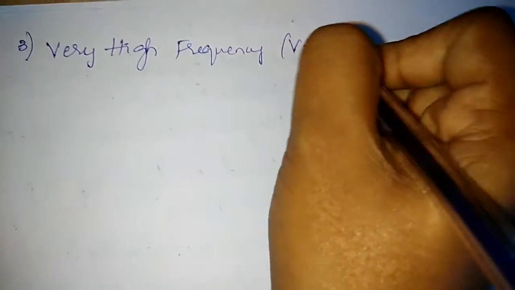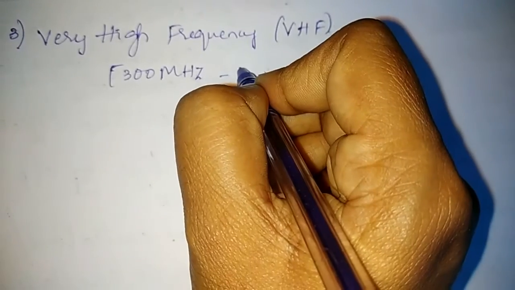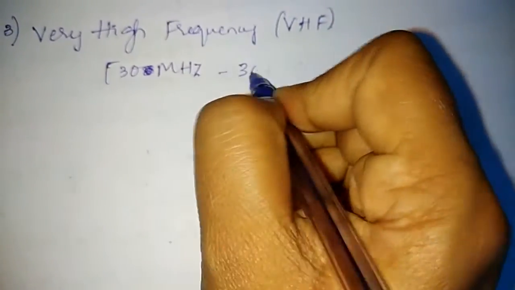These are different types of frequency ranges used in communication. The third one is very high frequency, also called VHF. What is the range of this? It is from 30 megahertz to 300 megahertz.